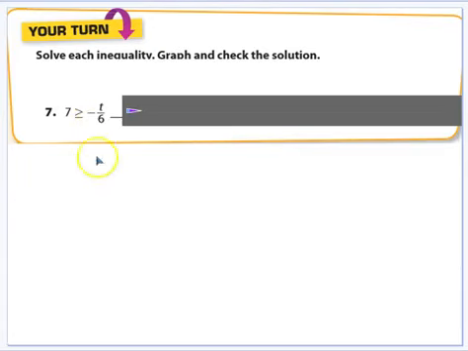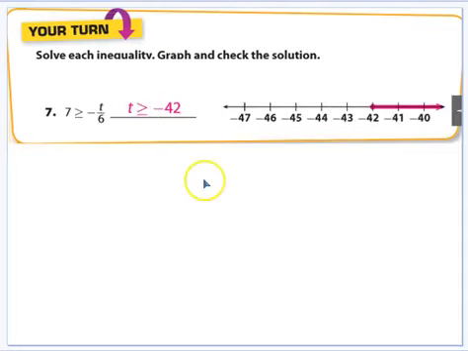All right. So we've got another your turn. Pause it now. Work on it yourself. 3, 2, 1. So they gave us another one. So class, I'm just going to show you it because they really like having the variable on the left side. That'll help with which way to go with the arrow, but I'll just show you the actual way.